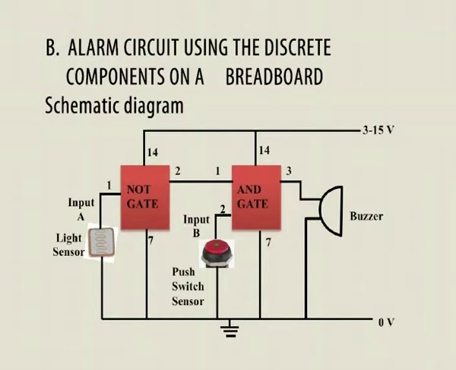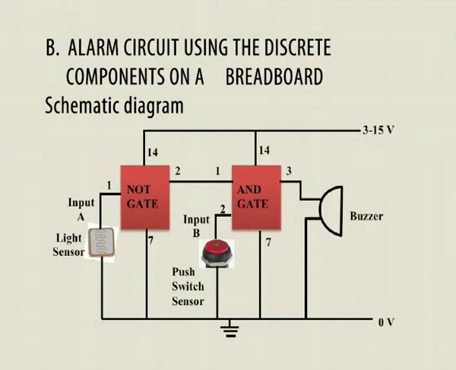Now, we are going to also ground pin 7 of the NOT gate, and then connect pin 2 of the NOT gate to pin 1 of the AND gate. Now we are also going to connect one terminal of the push switch sensor to pin 2 of the AND gate and then ground the second terminal.